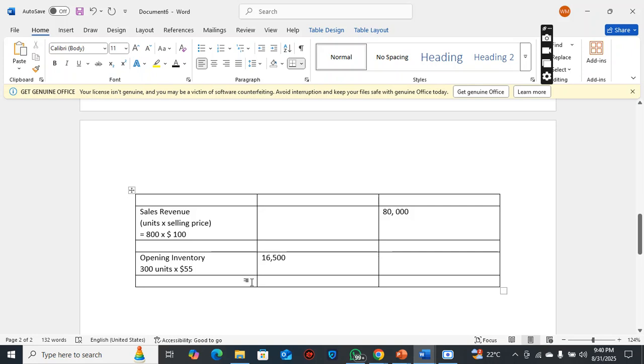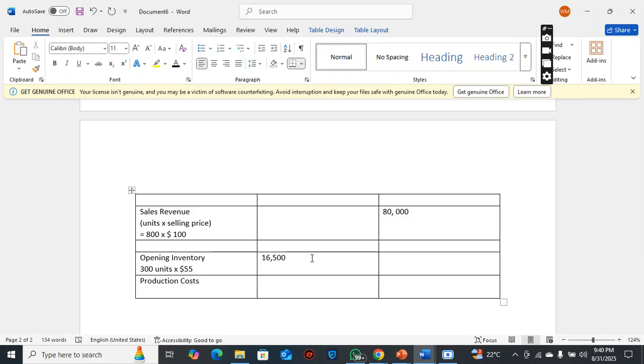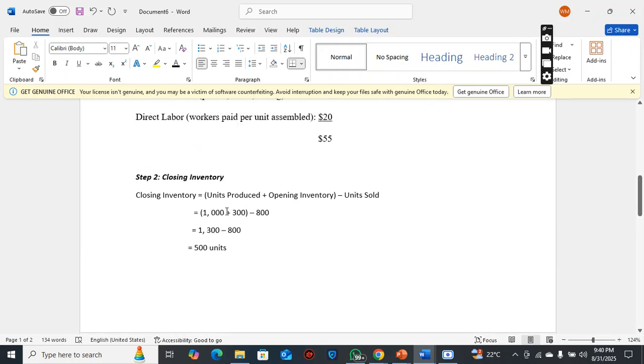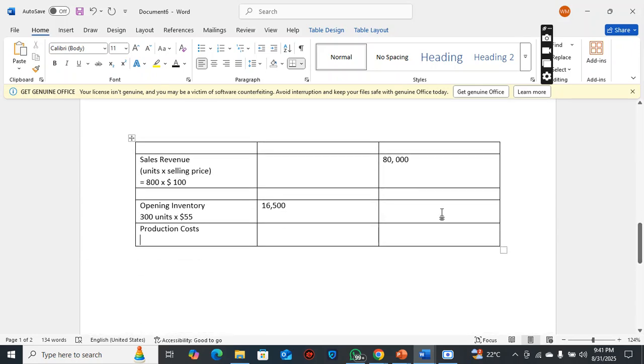Then we add our variable production costs. We focus on how many units were produced. 1,000 units times $55. We get 55,000.